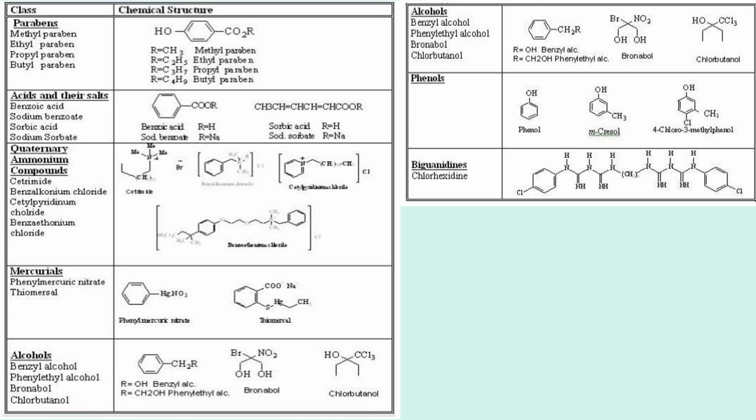These are some examples of antimicrobial preservatives: methyl parabens, acids, benzoic acid, quaternary ammonium salts, phenyl mercuric nitrate, thiomersal, alcohols like benzyl alcohol, bronopol and chlorbutanol. These are the alcohols. Then phenols, different types of phenol, biguanides, chlorhexidine. These are some examples of your antimicrobial agents.